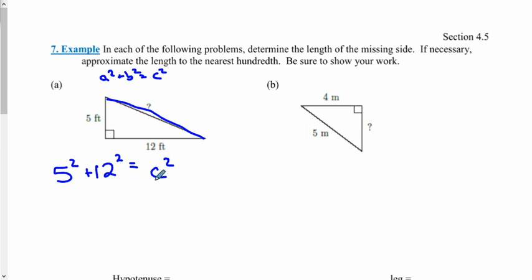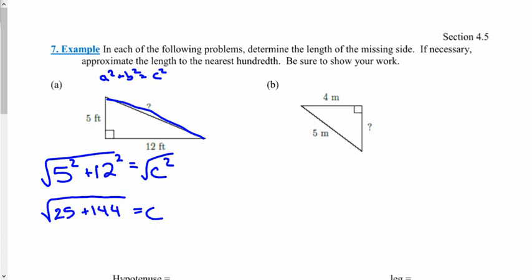And now in order to get that c alone, right, we square root both sides. So ultimately what I would say is c is equal to the square root of, and now I'll just do these. 5 squared is 25. 12 squared is 144. And then we'll add those together, that makes 169. And then finally, the square root of 169.